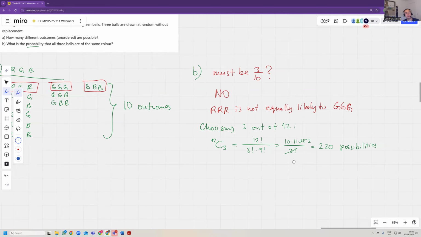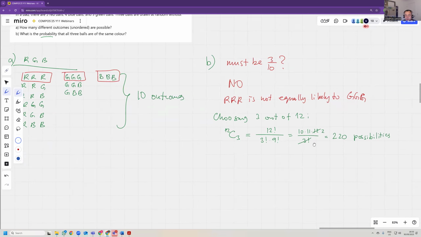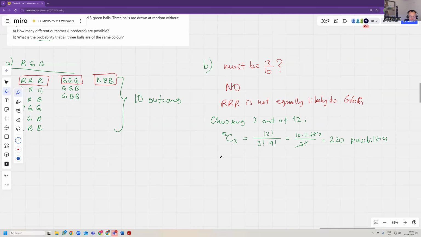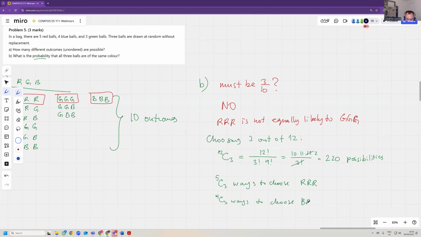Now, out of these, we need to select those which have the same color. There are 5 red balls, so there's 5 choose 3 ways to choose red, red, red. There are 4 choose 3 ways to choose blue, blue, blue. And there are 3 choose 3 ways to choose green, green, green.